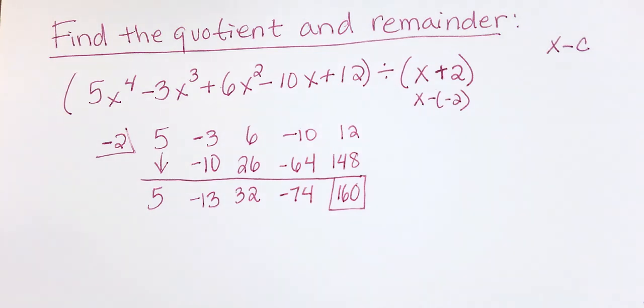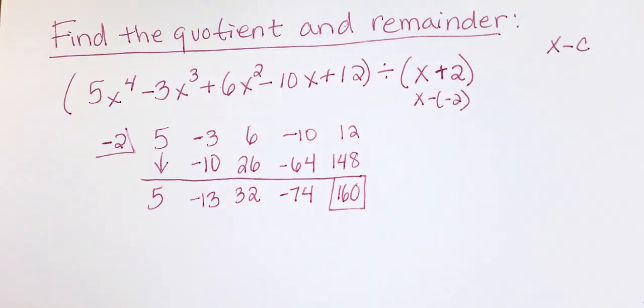Now, we need to interpret our answer. We've got all these fabulous numbers, but we have no idea, really, what they mean. So if we're taking a polynomial, this very large thing, and we're dividing by a binomial, you're going to get a polynomial answer.